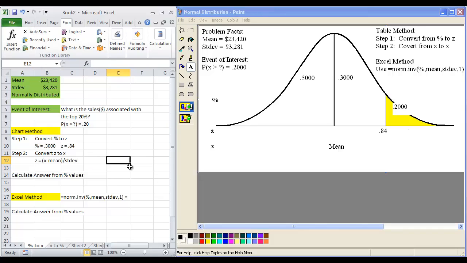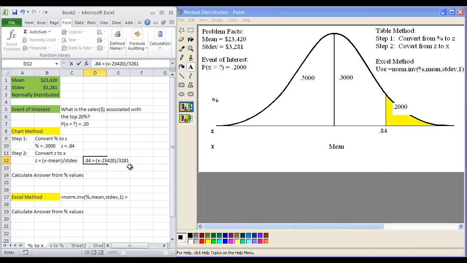In this case, we know that 0.84 equals something we don't know minus our mean, so that's going to be 23,420, divided by our standard deviation was 3,281.